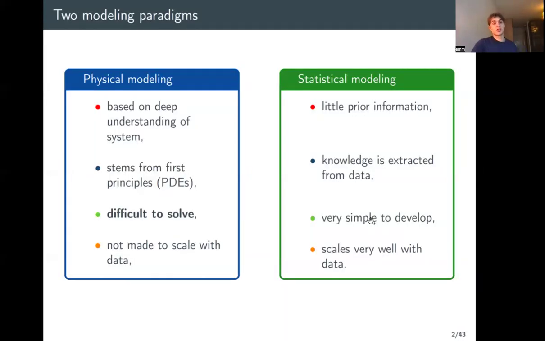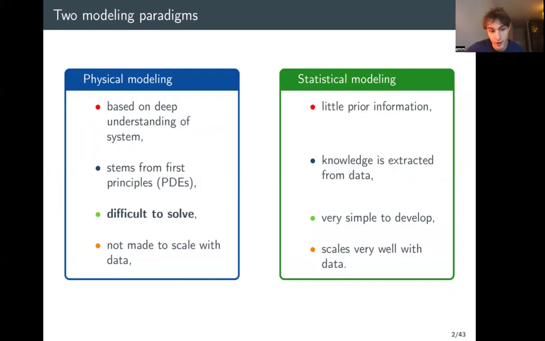Just to put things back into context, I see PINNs in a bigger context, where two domains are brought together. First, the domain of physical modeling, which is a totally different paradigm from the statistical machine learning paradigm. It's based on a deep understanding of the system, which stems from first principles.